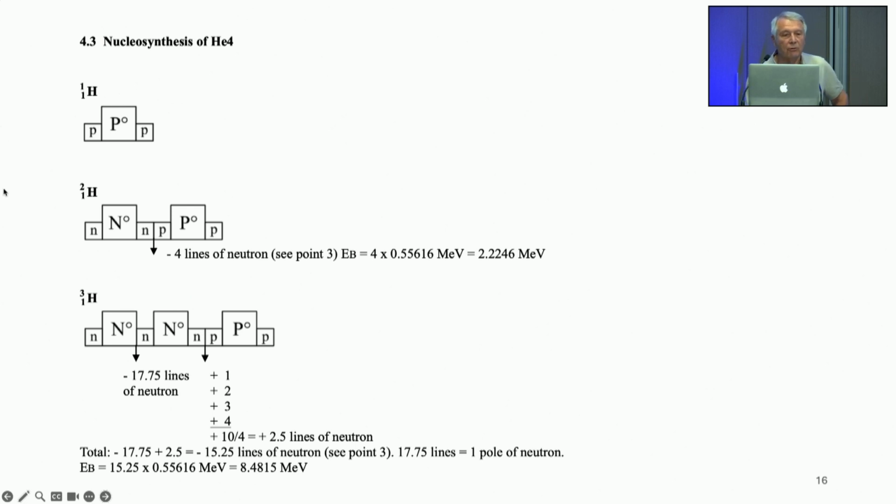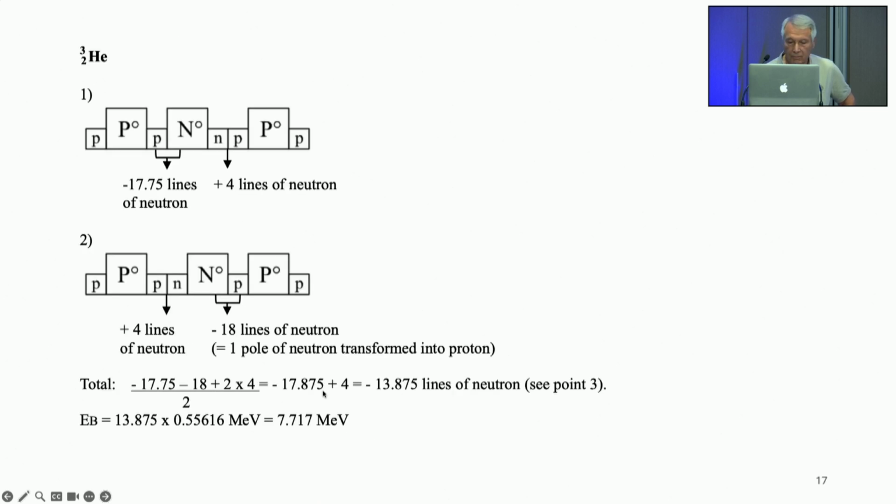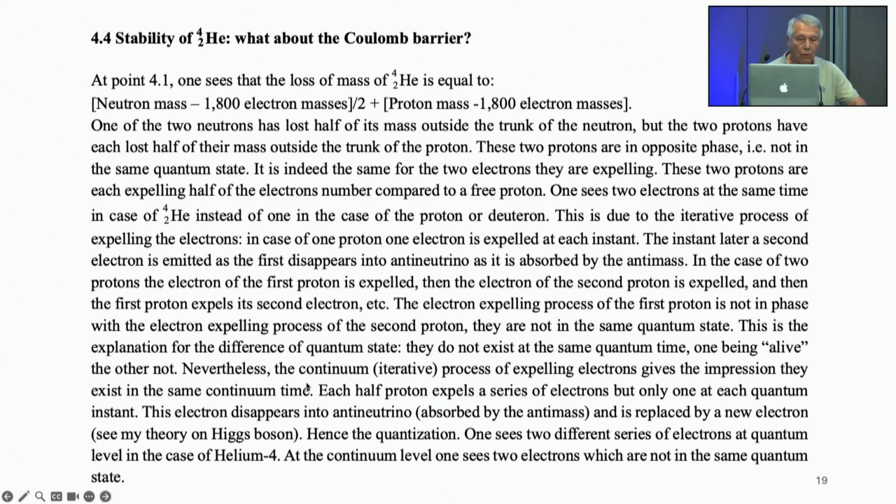So we begin now with the proton. It will become a deuterium with a loss of 4 lines. This is the binding energy of deuterium. The same for tritium, which is losing 1 pole of neutron and regaining some lines.